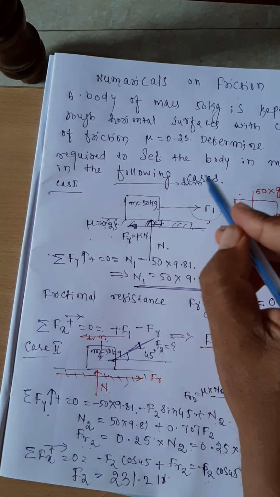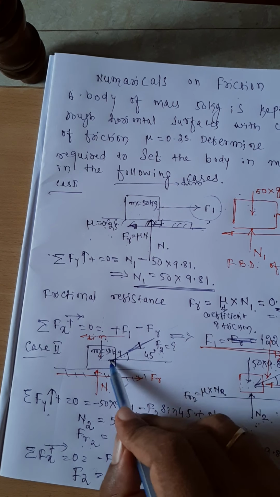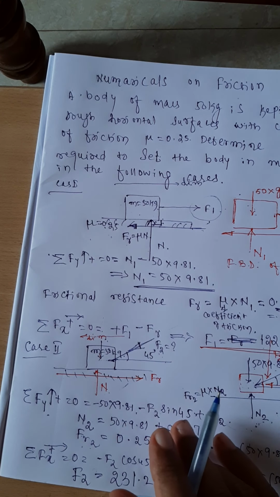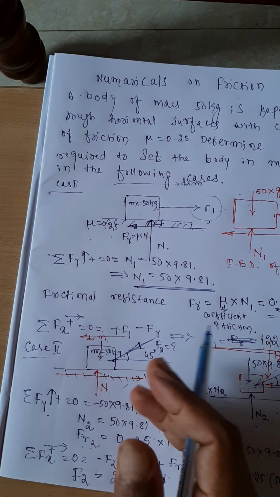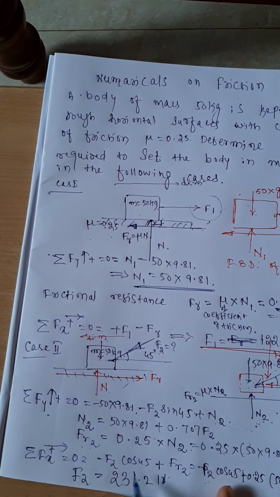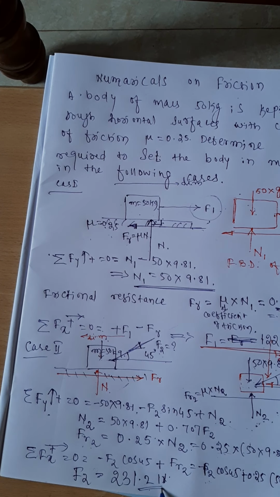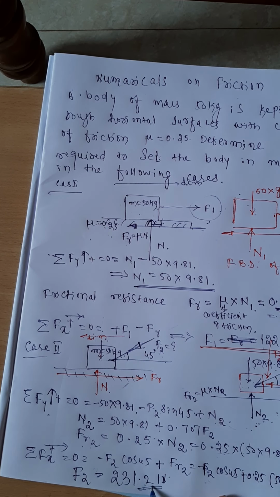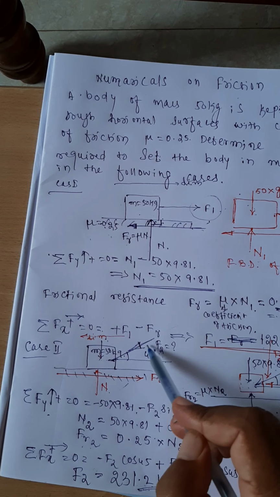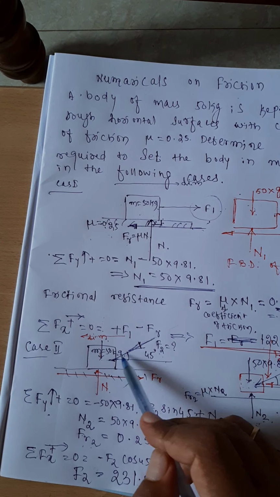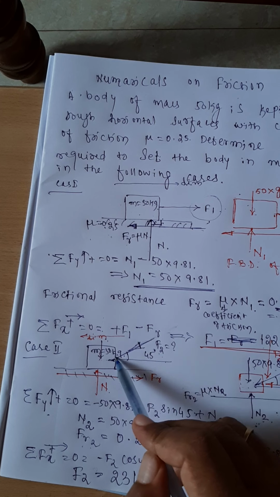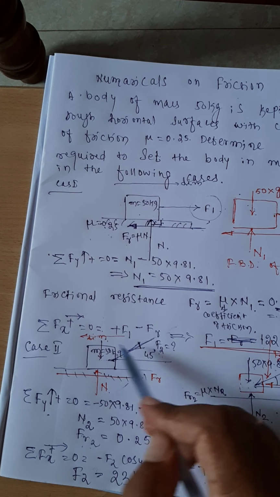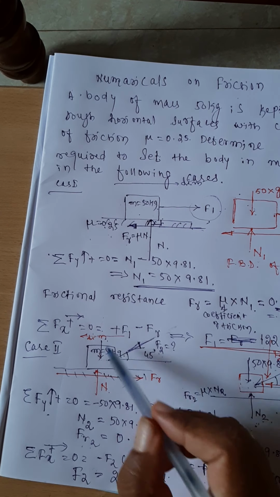On the same block, if you are applying the force in an inclined direction, you need to apply a force equal to 231.21 Newton. Indirectly, when you apply the force like this on the body, it requires more force to set it in motion. Common sense. What is the reason?